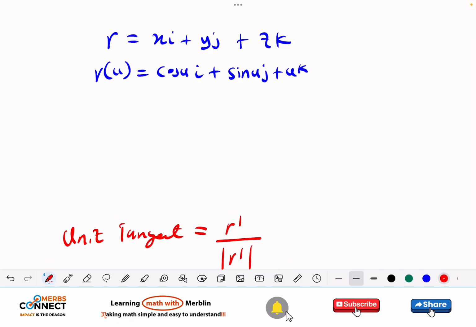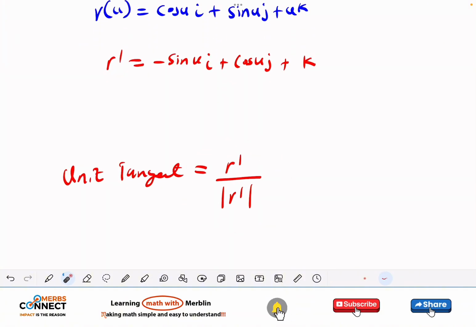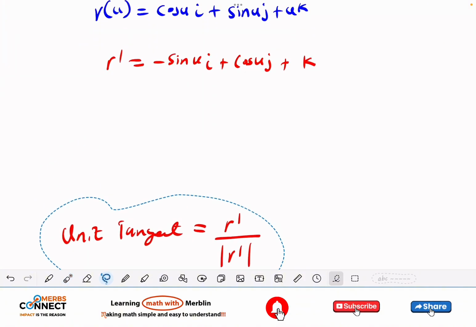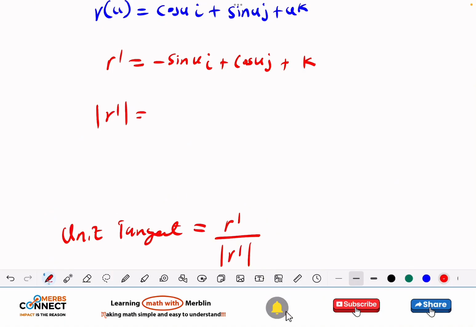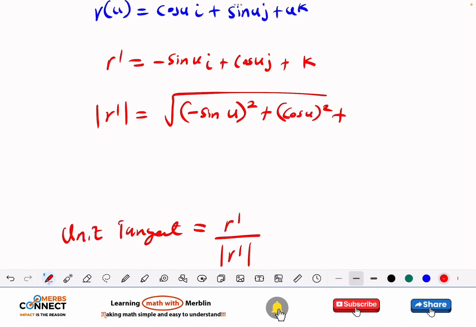Let's find r prime. So r prime, when I differentiate cos, I get minus sin u i. When I differentiate sine, I get cos. And when I differentiate u with respect to u, I just get 1. So before I come here, I need the magnitude of r prime. Magnitude of r prime is going to be square root of minus sine u squared plus cos u squared plus 1 squared.